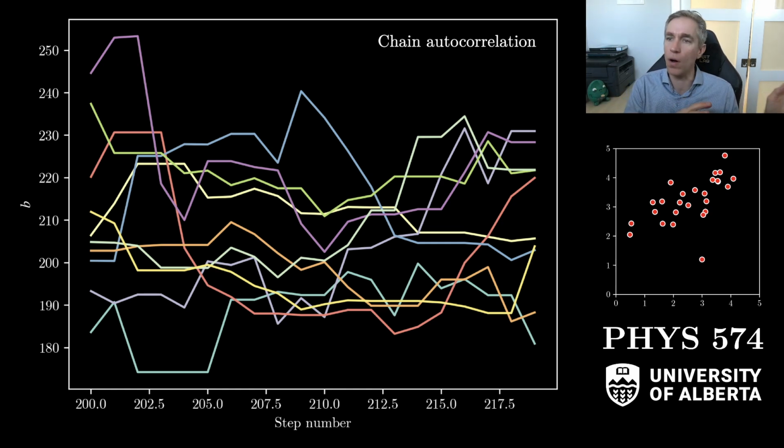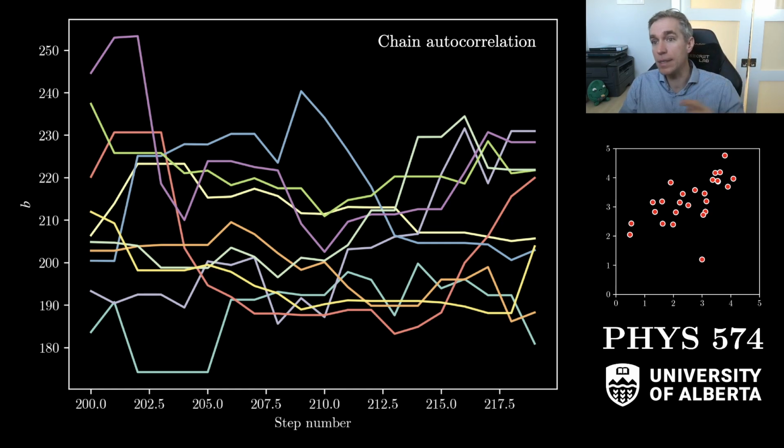It will have lost all evidence of where it was in the sampling because it walked far enough to be independent. Once you're past that autocorrelation time, you know that samples separated by that are sufficiently independent that you can treat them as independent data.